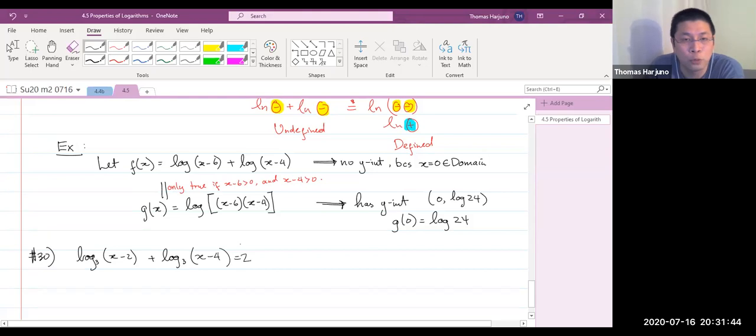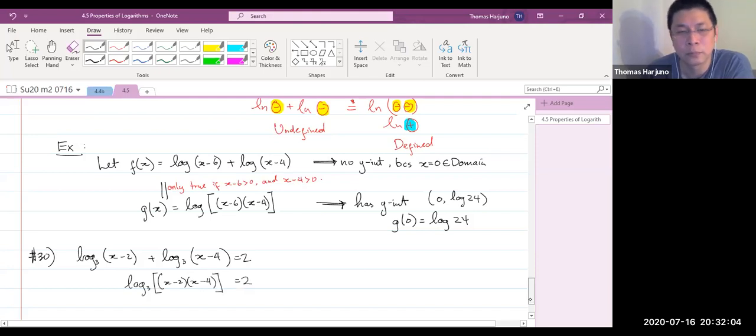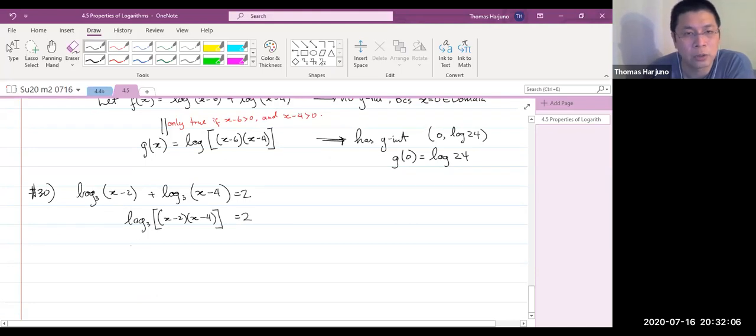So you have two logs on one side and one term without log on the other side. So that's already separated. Let's put them together. So that will be log of x minus 2 times x minus 4 in single log equals to 2. So this is log base 3 of x squared minus 6x plus 8 equals to 2.